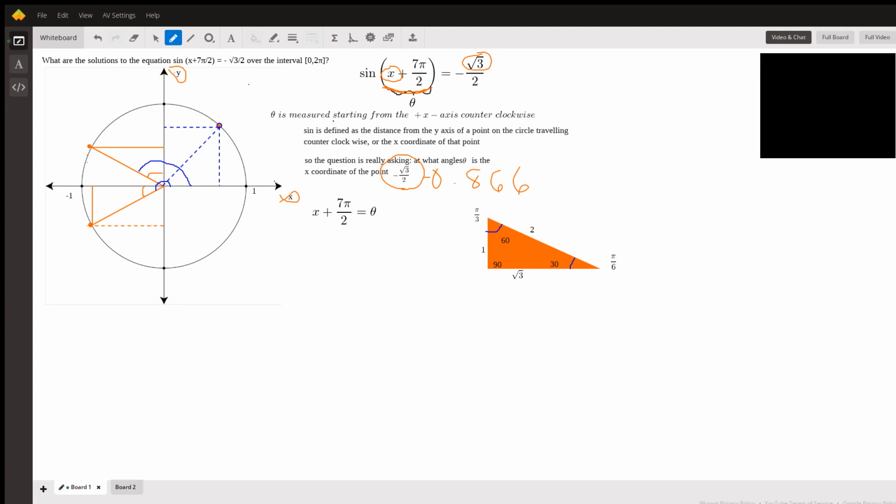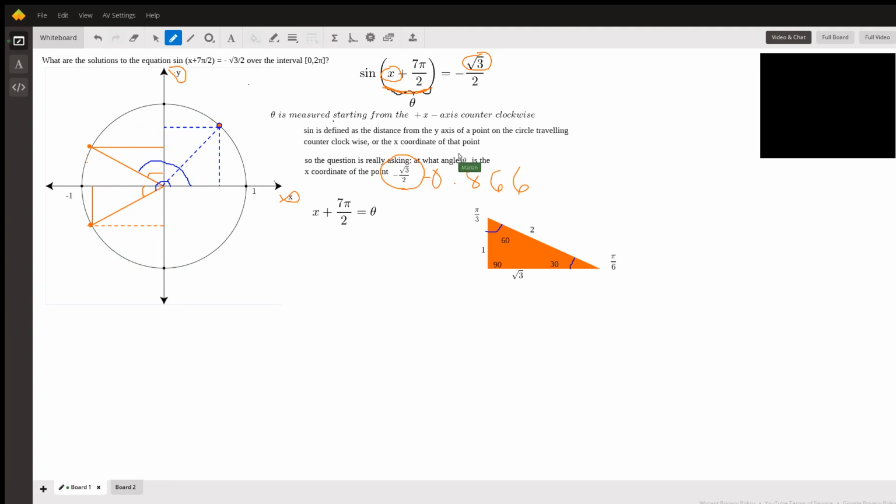Sine is defined in this way as the distance from the y-axis to the point in question on the circle as it's traveling around. As this point is moving around, the radius is moving with it. And then we have these two lines going down from the point to the x and y axis. As that point changes, those lines' lengths change, and we track that as we move around the circle.